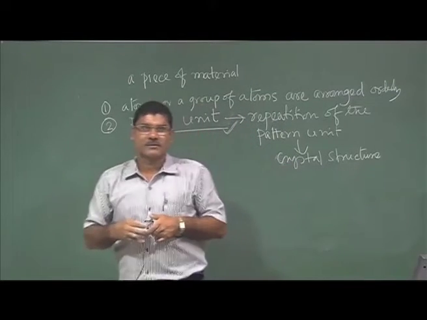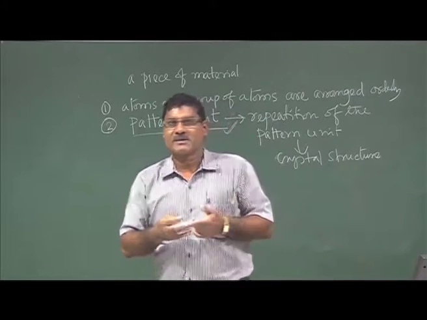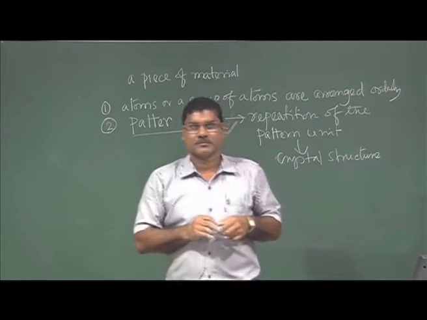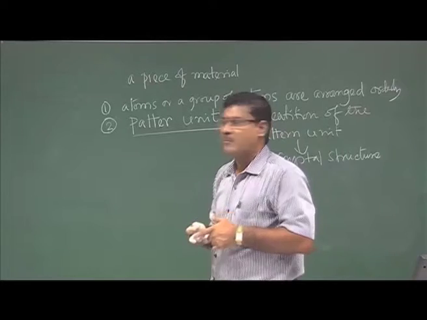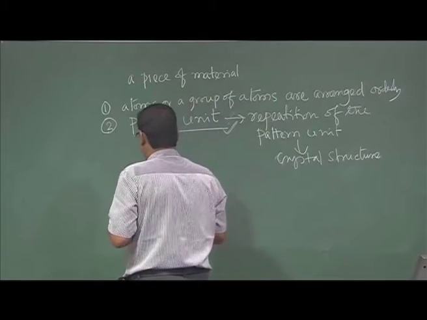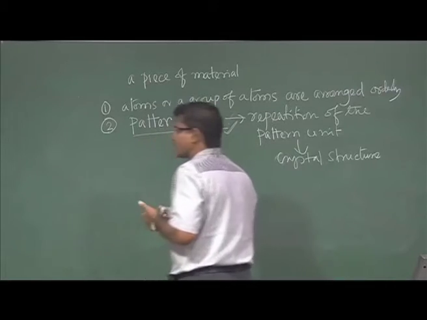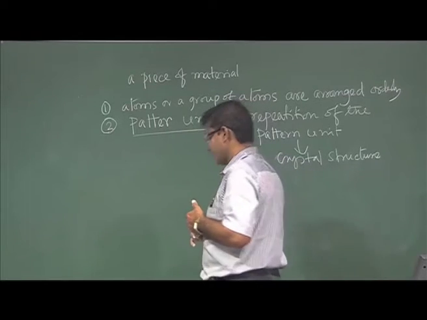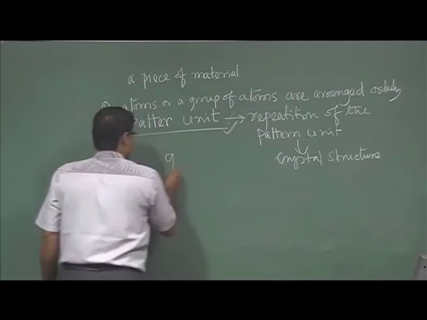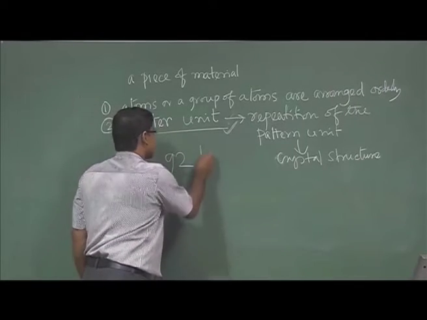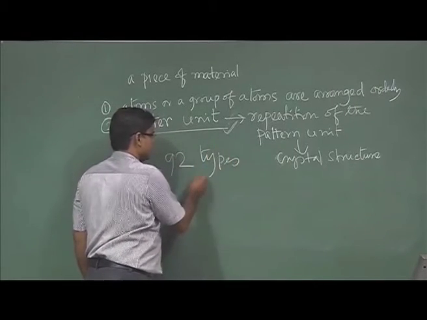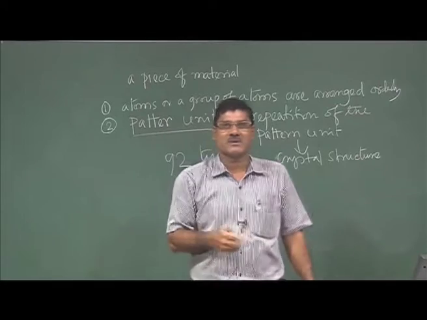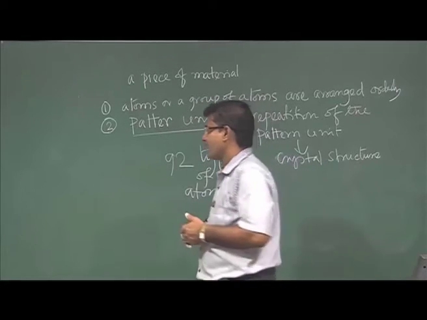Now, whether for each material the pattern units are different, or there is some limit in the number of pattern units. The answer is similar to the number of atoms, as we discussed earlier, that only 92 types of atoms form all matter.